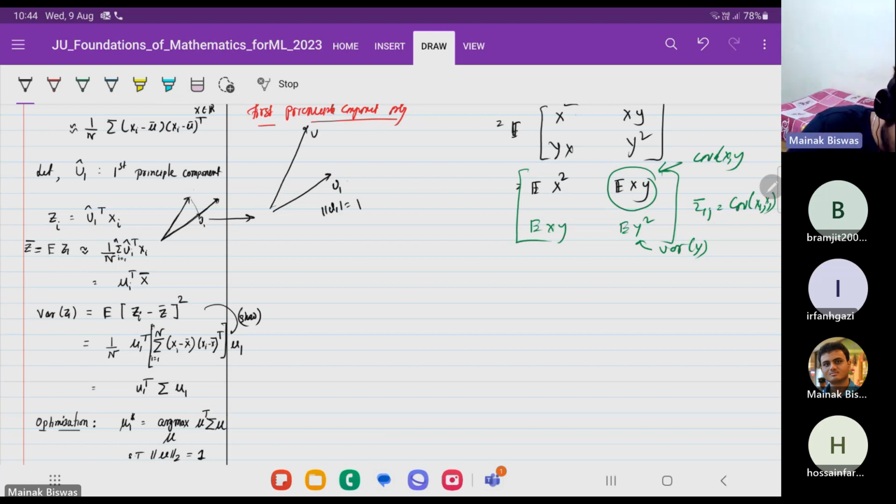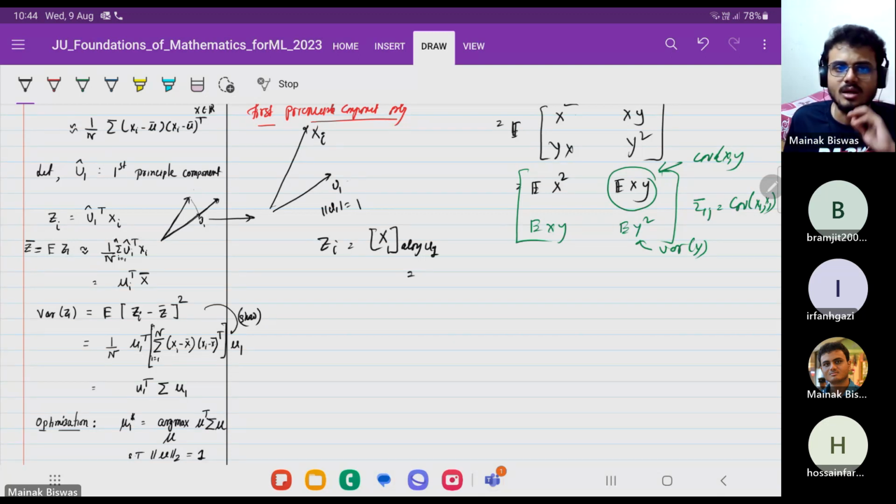And you have a vector v. So what would be the component along u1? Let us write z1 as v along u1. So we have x's over here, let's write x only.